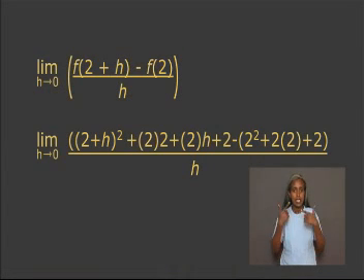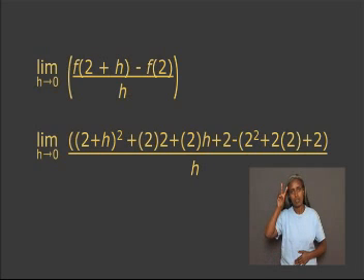The limit of ((2 plus h) squared plus 2 times (2 plus h) plus 2 minus (2 squared plus 2 times 2 plus 2)) over h as h approaches 0.